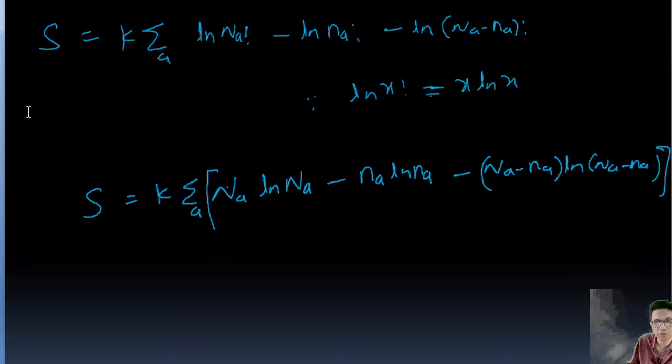So which option is matching? Sigma A capital NA ln capital NA minus small NA ln small NA minus capital NA minus small NA ln capital NA minus small NA, minus N, right? So this is the correct answer.